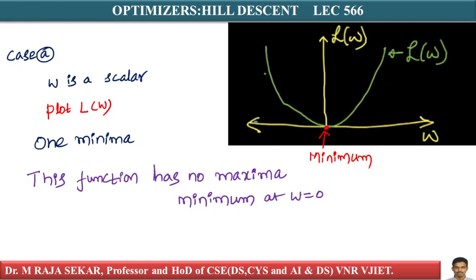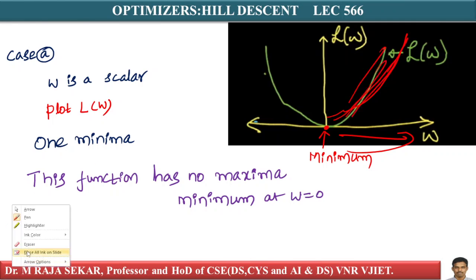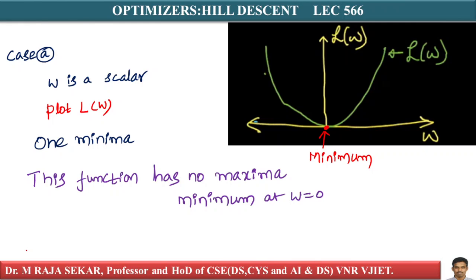This function has no maxima because as W increases, L of W keeps on increasing, so the maxima is infinity. Minima happens at W equal to 0. So it has only one minima.